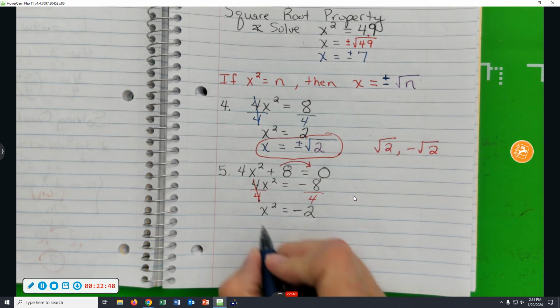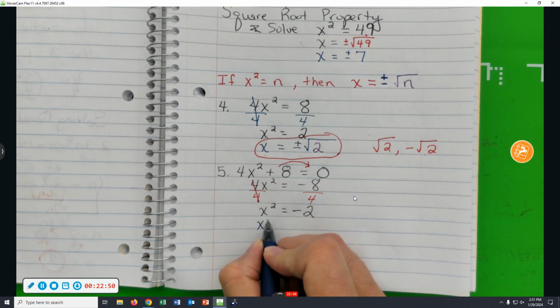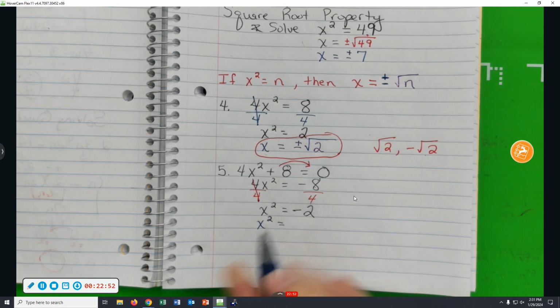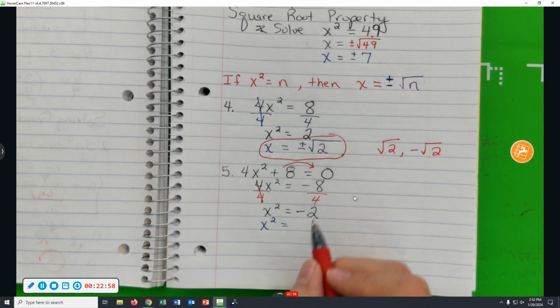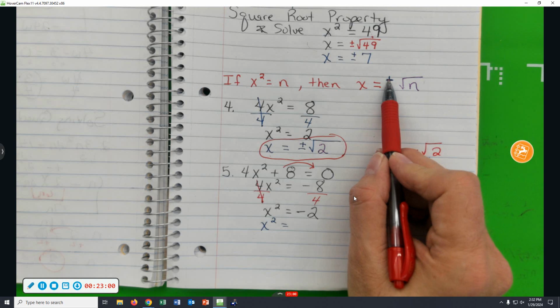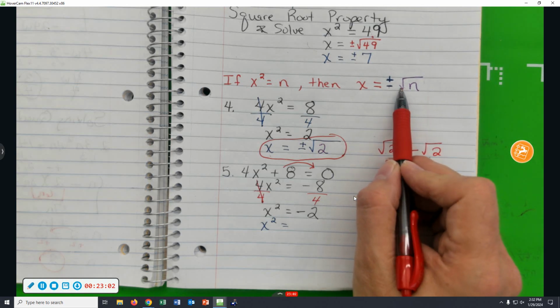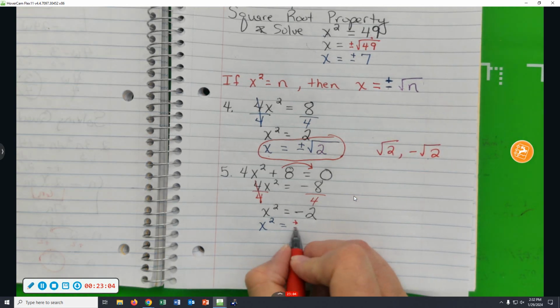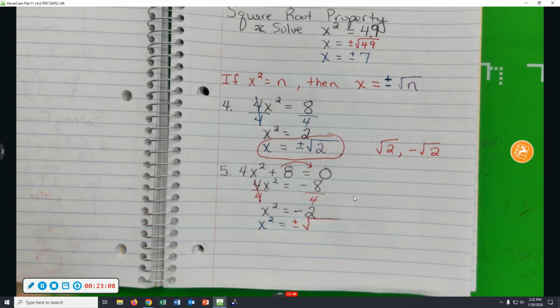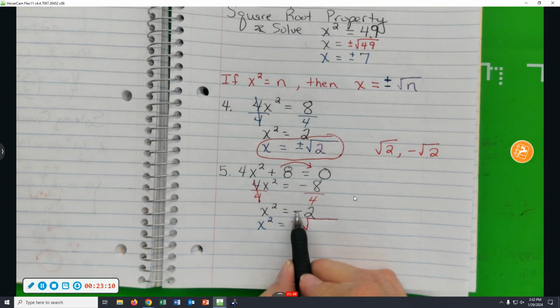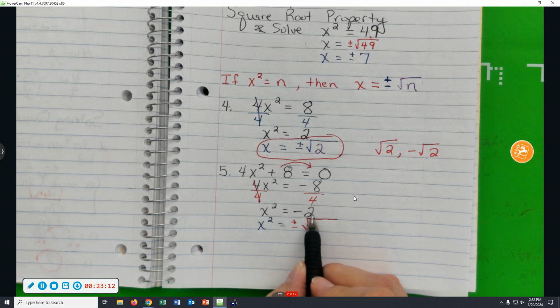So dropping the square, I'd have x. Now this is going to be, see if y'all can follow it. The plus, minus, and square root that I'm about to write are these right here. Plus, minus, square root. The number that's under the square root symbol isn't just a 2.